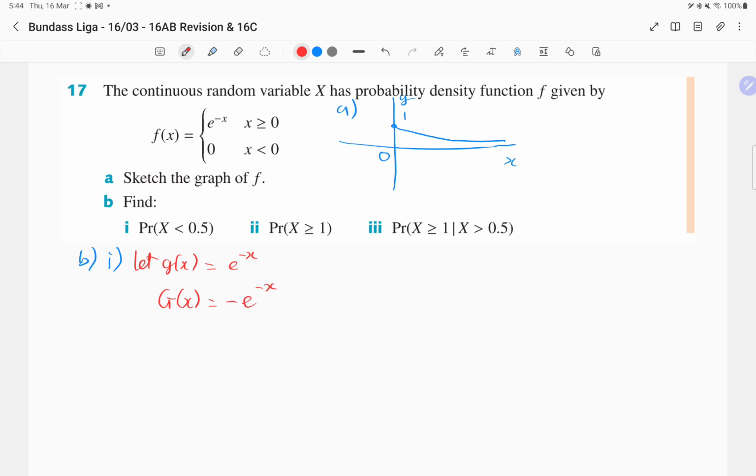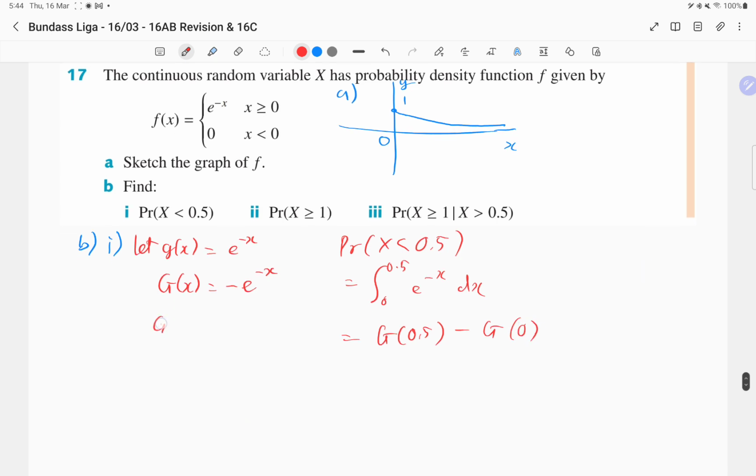And now we need to calculate G. So the probability of x less than 0.5 is the same as the integral from 0 to 0.5 of e to the power minus x, which is the same as big G of 0.5 minus big G of 0.